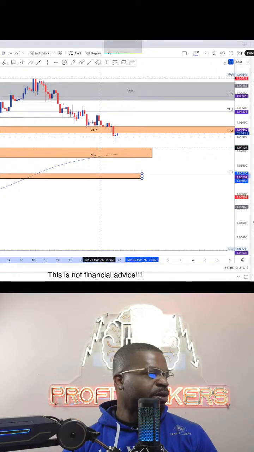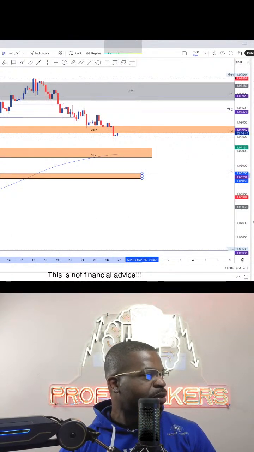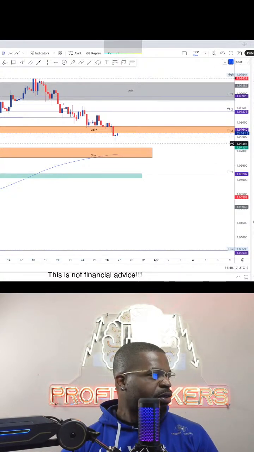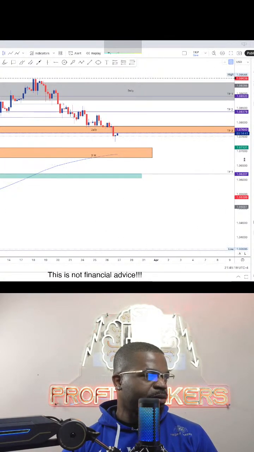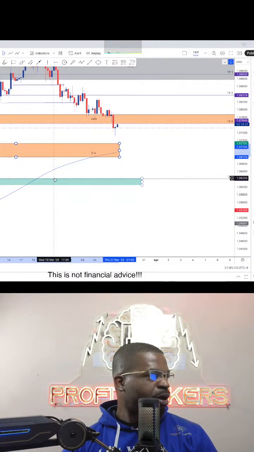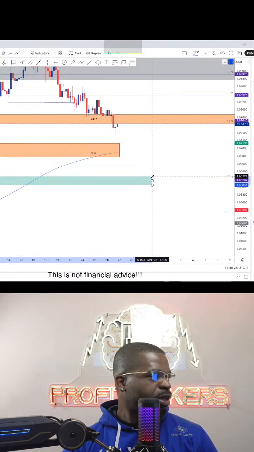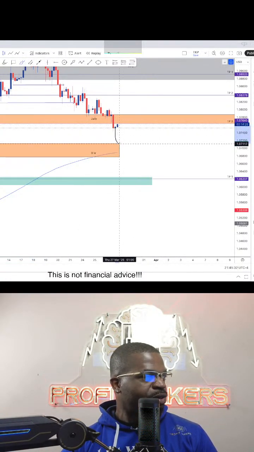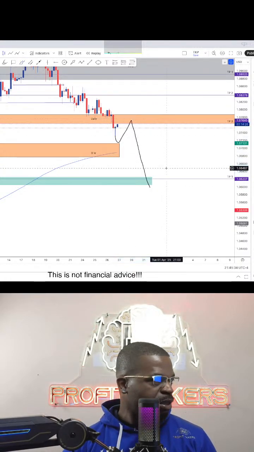Definitely got to see what's going on with this level. So we got another key level right there. This 3 hour zone. Most likely just give you a slight pullback to let you retest structure before falling again.